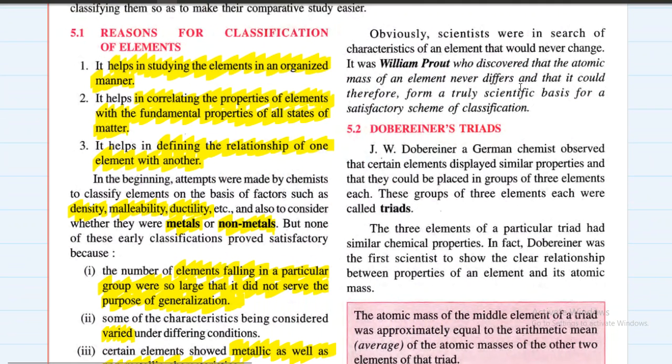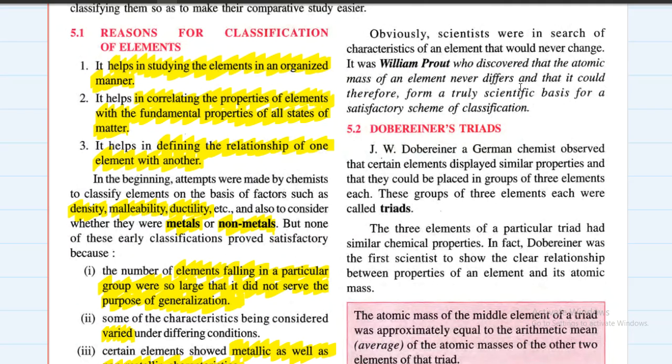Obviously, scientists were in search of characteristics of an element that would never change and that would be unique. Only on the basis of some unique characteristics can atoms, can elements be classified. And that classification is much more long lasting, much more worthwhile, it makes sense.